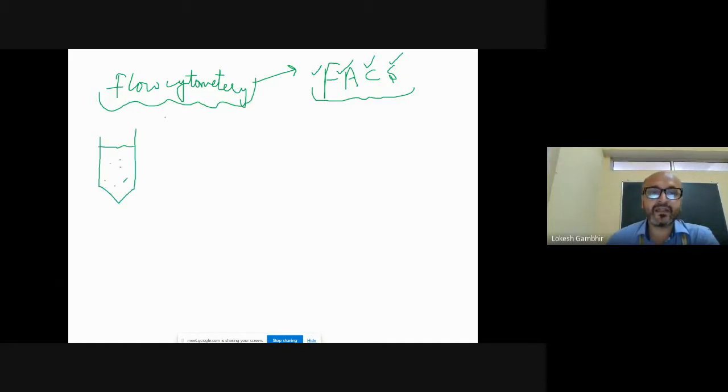I'll be adding my antibody. Again, it's an anti-CD3 antibody, which is specific for the T cell receptor. Previously I had conjugated it with a magnet bead. Here I'm not conjugating it with a magnet bead; I'll be conjugating it with a fluorochrome.